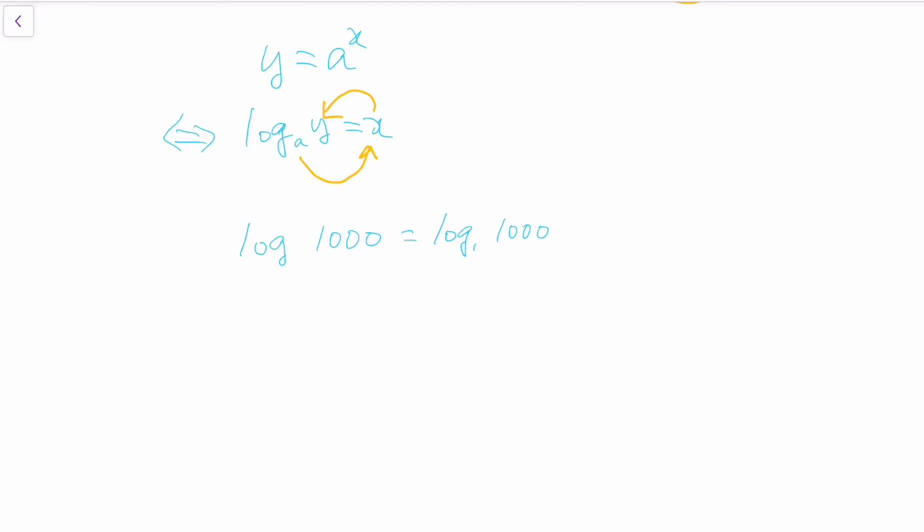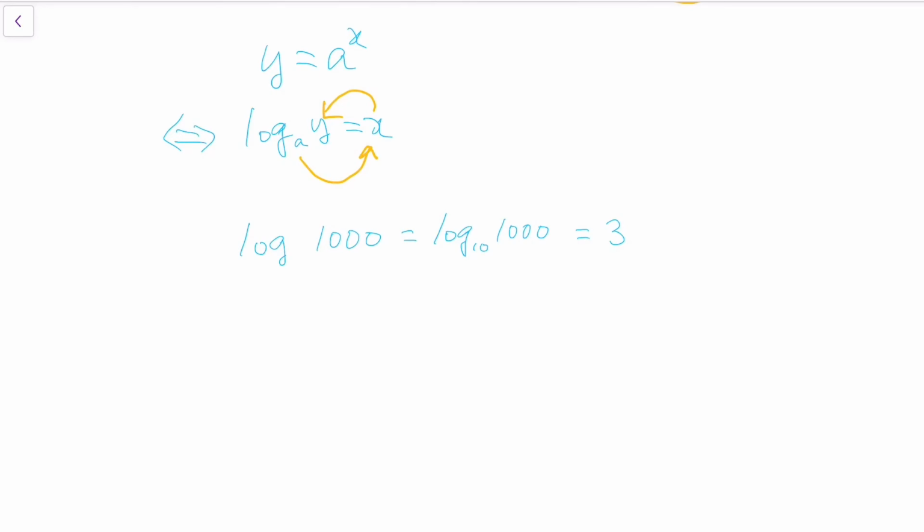It's just that we are too lazy, and mathematicians have decided whenever the base is 10, it is okay to omit it. So if a log has no base, it really means 10. Okay, so think about it. What would be log 1,000? Answer coming in 3, 2, 1. Okay, the answer is 3.